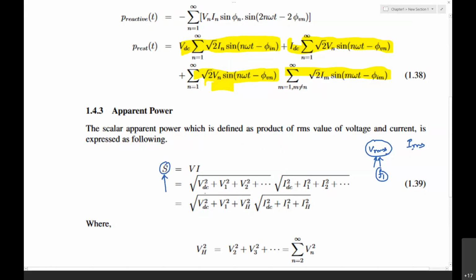This is the equation: V is equal to the square root of VDC square plus V1 square plus V2 square and so on, and I is the square root of IDC square plus I1 square plus I2 square and so on.